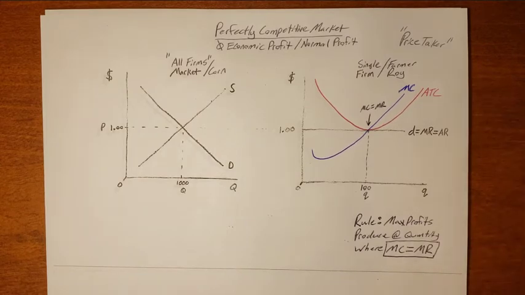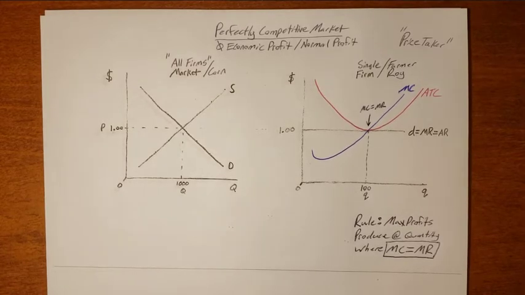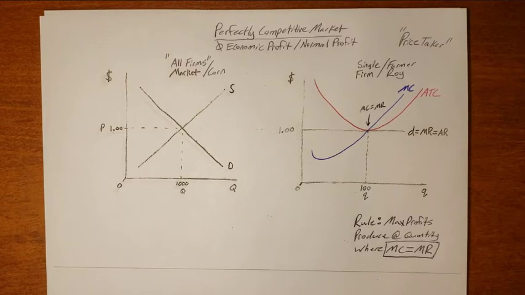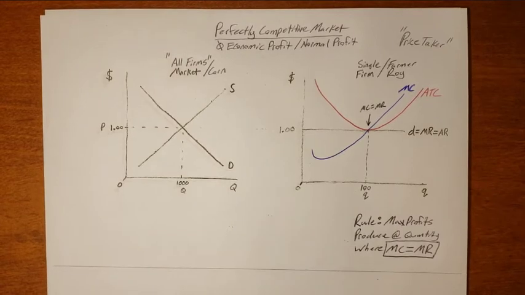So this is often confusing for people because they say, oh, why would you want to produce if you're not earning any profit? They could be earning an accounting profit, just not an economic profit, meaning they're not earning any more than they could if they were deploying their land, labor, and capital elsewhere.